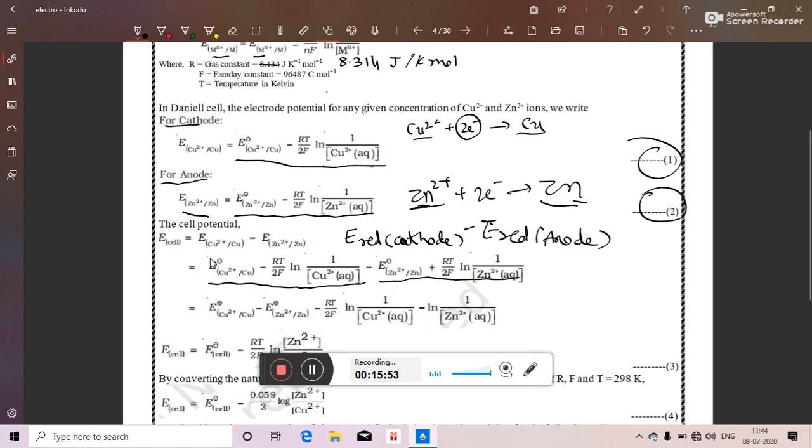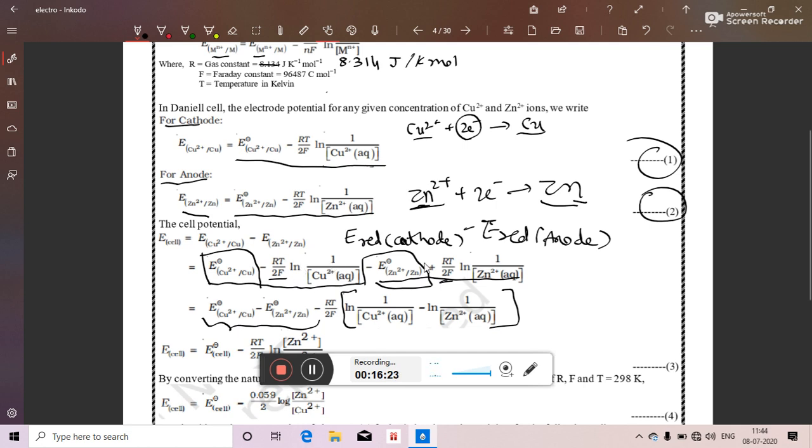Now we will take the standard potential values together: E° of Cu2+/Cu minus E° of Zn2+/Zn, and we are remaining with these two terms. From these two terms RT upon 2F can be taken as common, so minus RT upon 2F is taken outside the bracket, and we are remaining with natural log of 1 upon Cu2+.